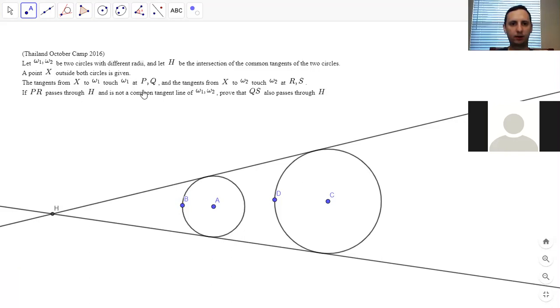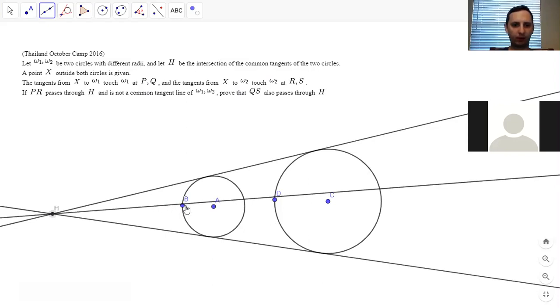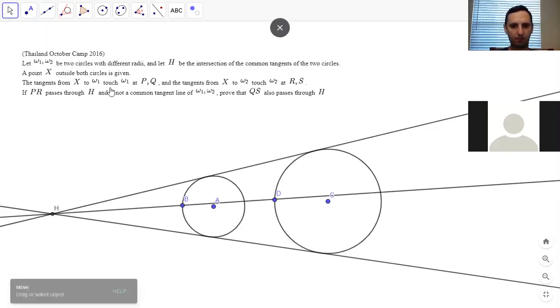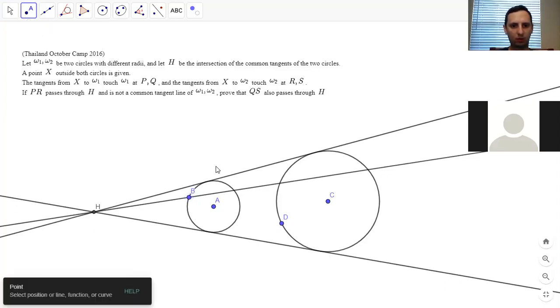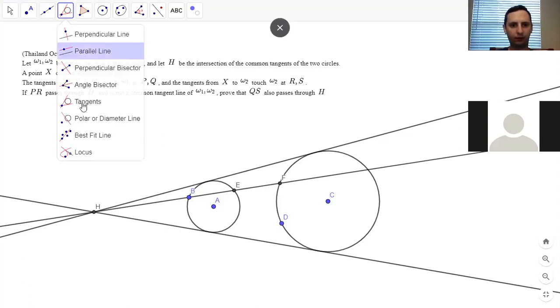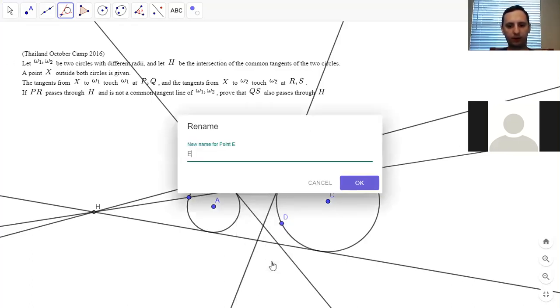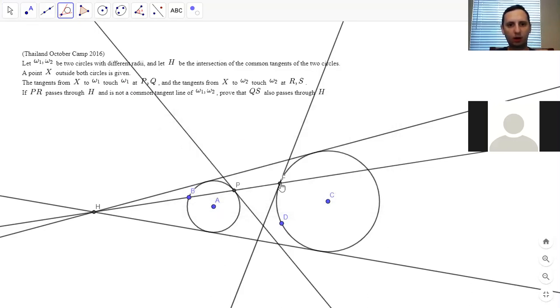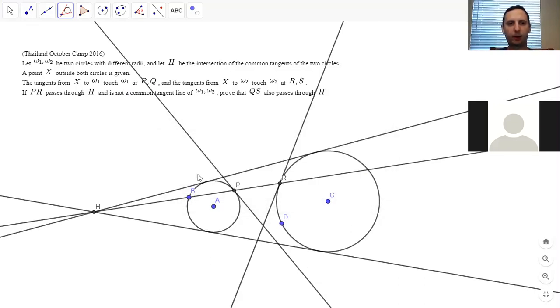We call the tangent points P, Q, R, and S, and we're assuming PR passes through H. I think there's a better way to do it: if I draw these two points E and F and the tangents, I'm kind of reframing the problem a little.